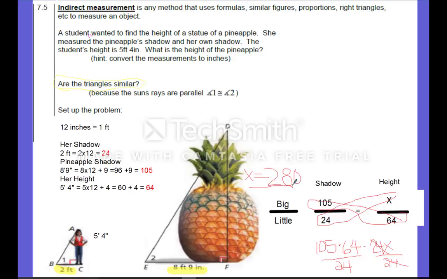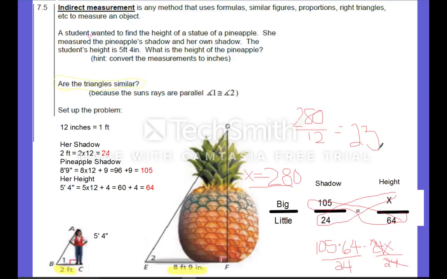Okay, so x came out, it's 280 inches, and then my last thing I want to do is convert that by dividing by 12 so I can figure out feet and inches. So 280 divided by 12, and I get 23 feet, pretty tall pineapple statue, and I've got 0.333 on my calculator.